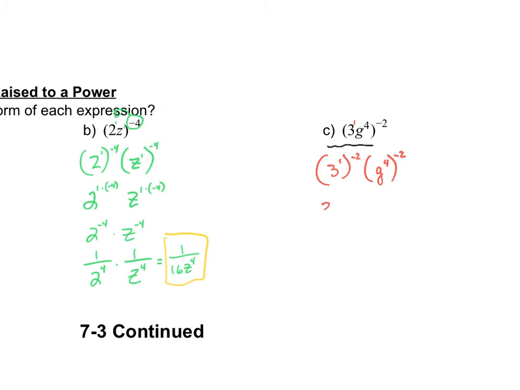Power raised to a power, so that would be 3 to the first times -2, and this would be g to the fourth times -2, which gives me 3 to the -2nd times g to the -8. Finding the reciprocal, that would be 1 over 3 to the 2nd times 1 over g to the 8th, which simplifies to 1 over 9g to the 8th.